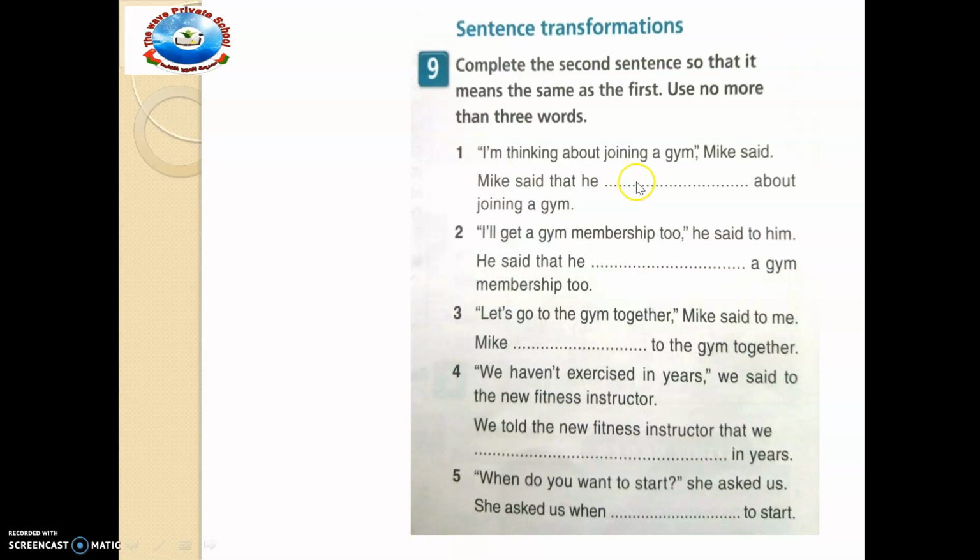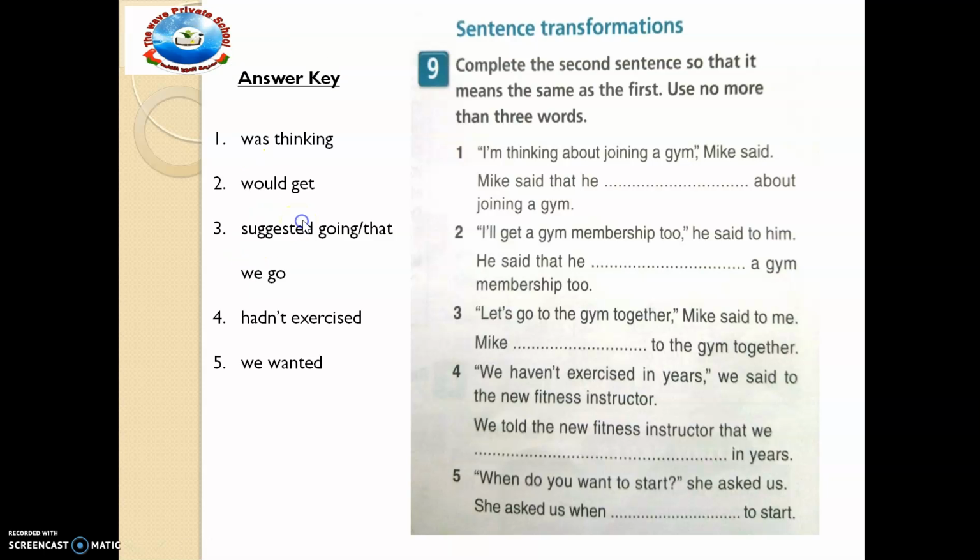So what are the 3 words we can add here to make "I'm thinking about joining a gym," Mike said, into "Mike said that he was thinking about joining a gym"? What are the 3 words we can add? Remember, not more than 3 words. So you can add 1 word or 2 words or 3 words. We cannot add more than 3 words. Okay? So let's see if you've done that.